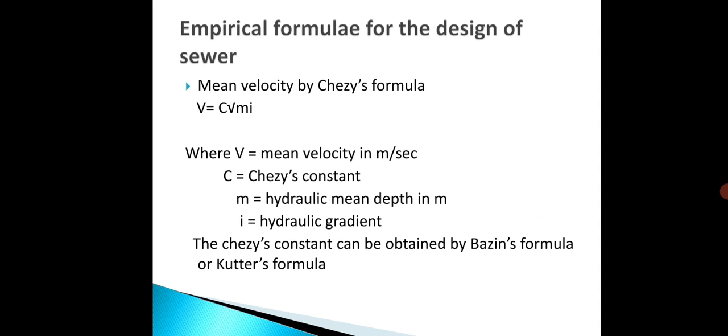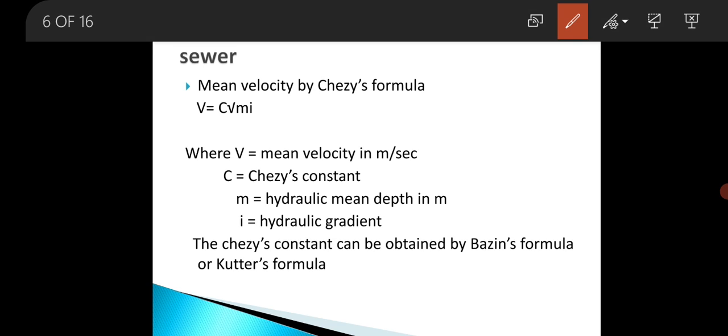Next, we will discuss the empirical formulas which are used for the design of a sewer. The first formula for finding the mean velocity is Chezy's formula.